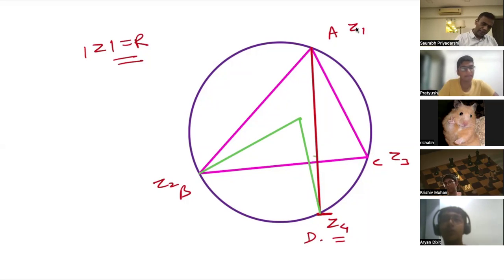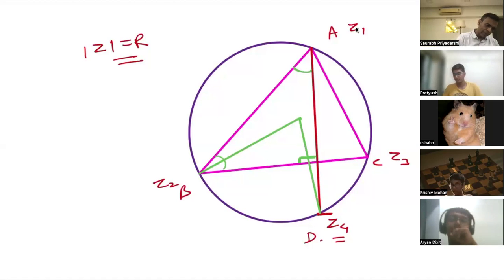This is 90 degrees, right? And this is angle B. So what is this angle? 90 minus B. So if this is 90 minus B, what is this angle? 180 minus 2B, very good. So pi minus 2B. So I can use the rotation on this.